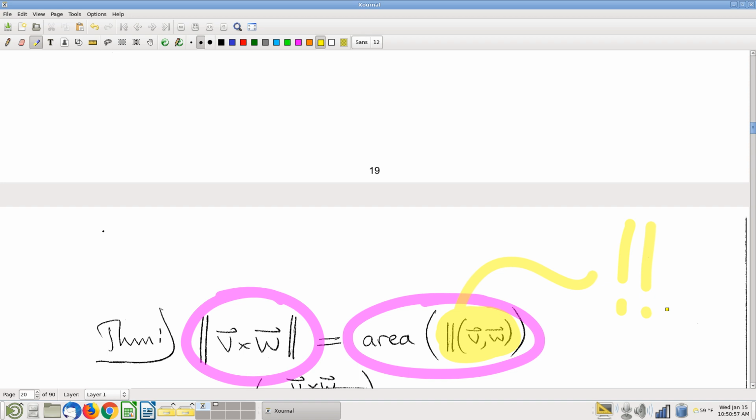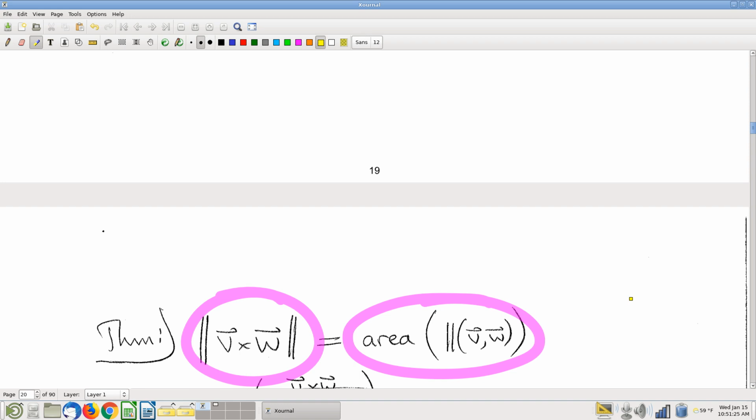The interpretation should be that this is shorthand representing that parallelogram defined by those vectors. So you'll see that a lot going forward. And if I list three vectors, that means parallelepiped. Pretty natural, I think. Okay. All right. So that said, the magnitude of the cross product is the area of the parallelogram.